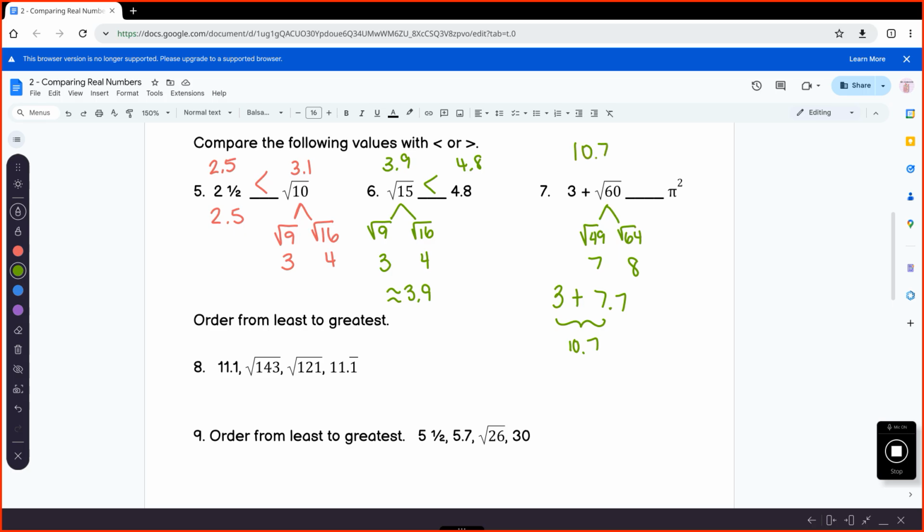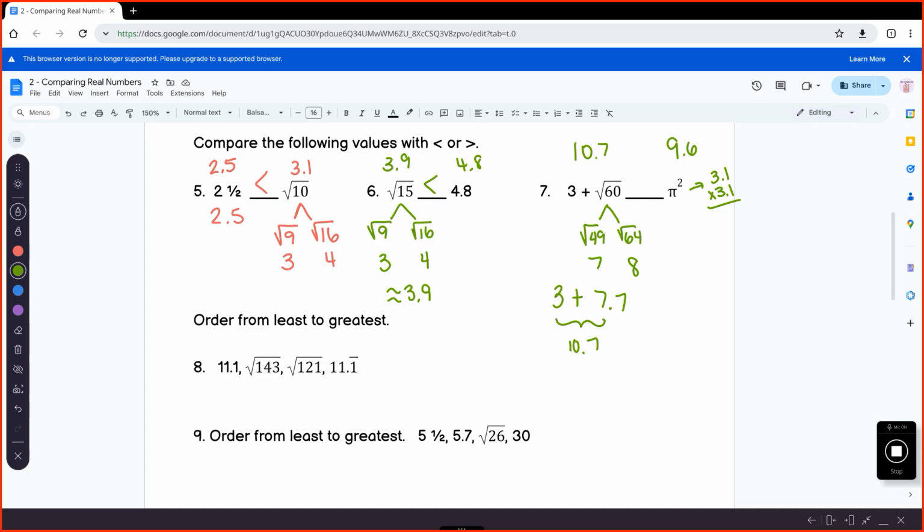So we are comparing 10.7 to, if you can recall, in number 1 of these notes, we had pi squared already done, and we approximated that to be 9.6. If you don't know, we just did 3.1 times 3.1.